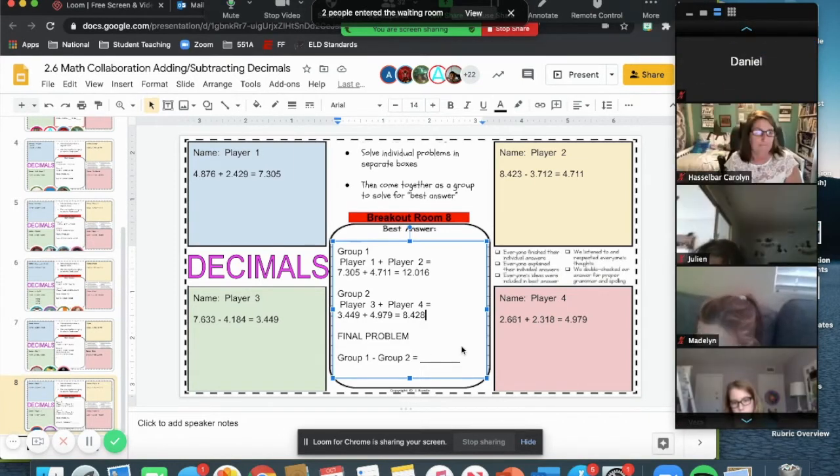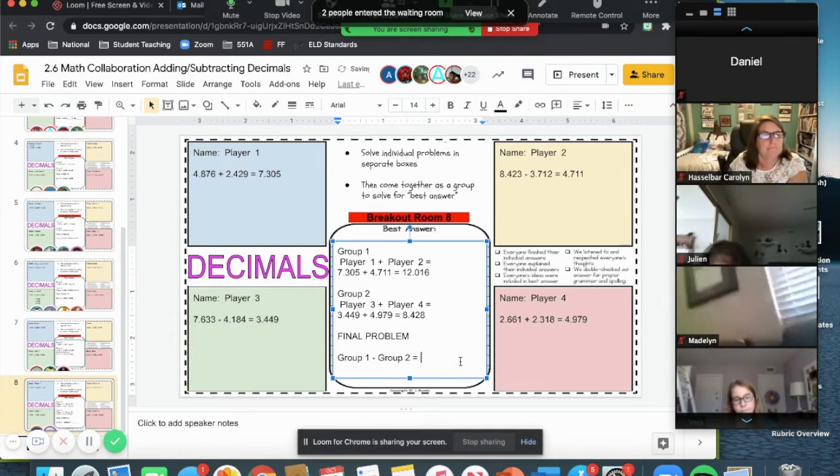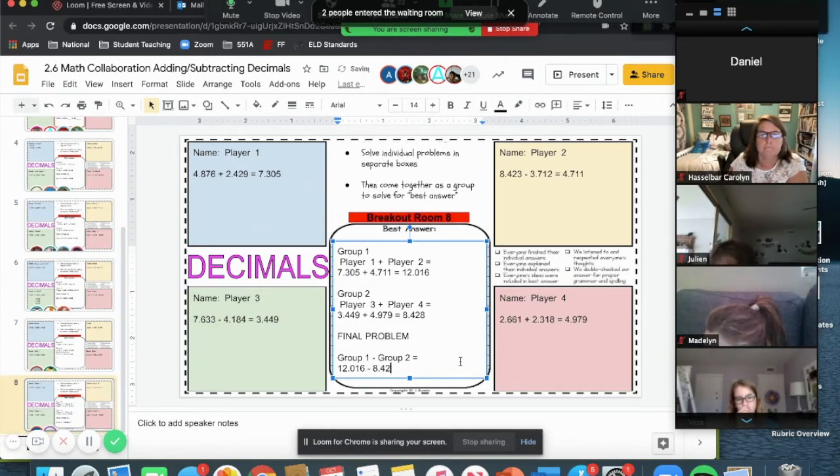Okay, good. So let's put it all together. Our final equation. We're taking group 1 and we're subtracting group 2. So we have 12.016 minus 8.428 equals. What is our final answer?